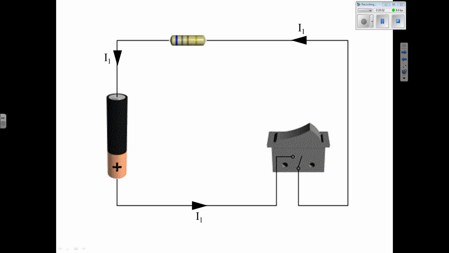You want those arrows right on the wires, because you want to realize that the current is flowing through those wires. Any questions on how to draw the current at this point?